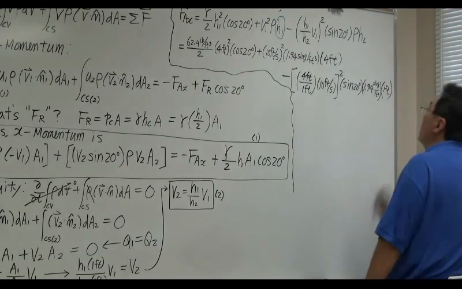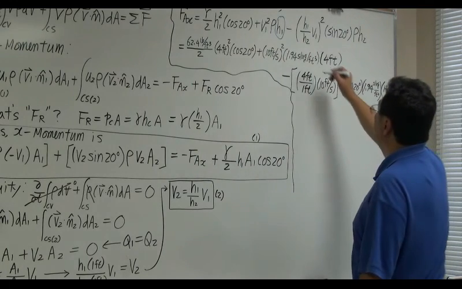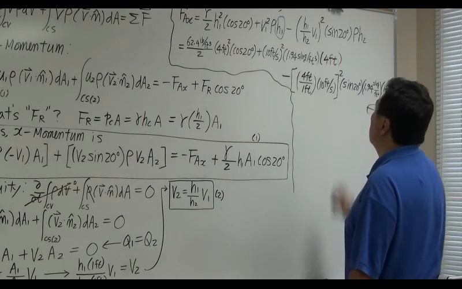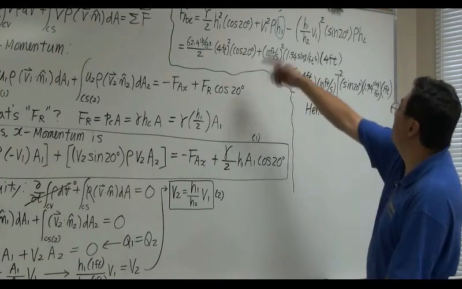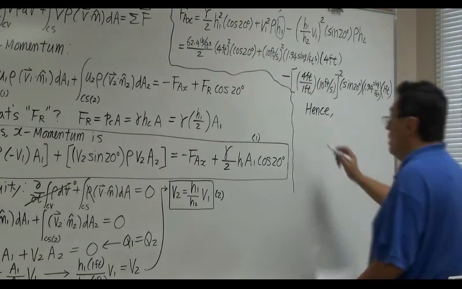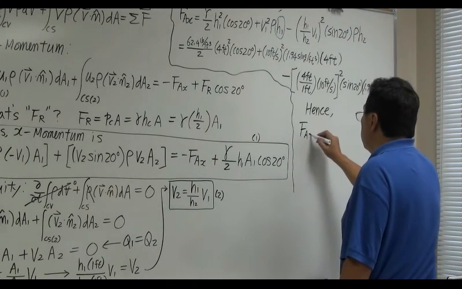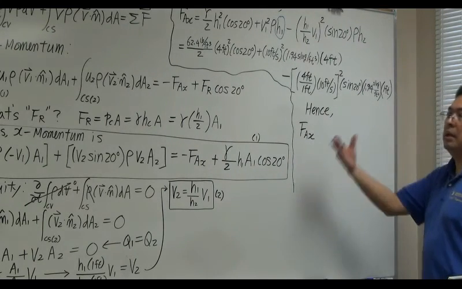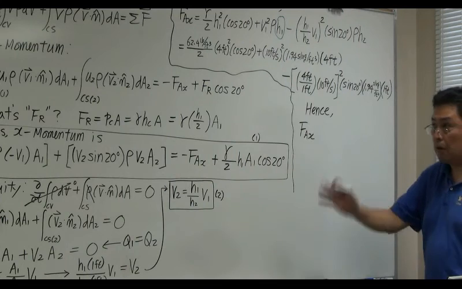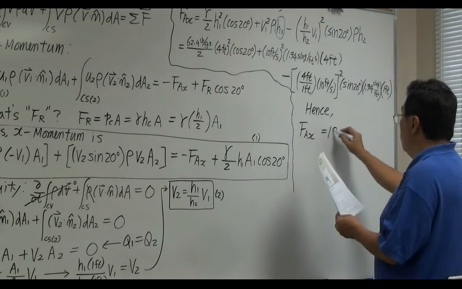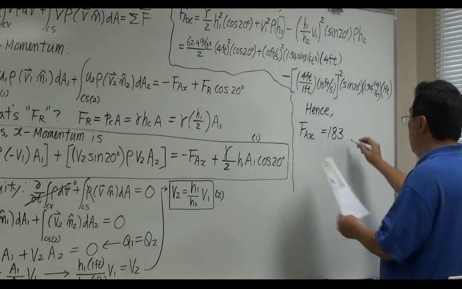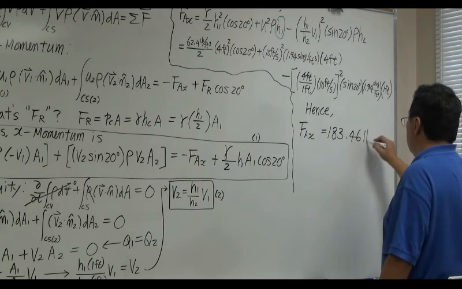Okay, so that's a better picture here. Hence, if you plug in all of those values and compute, you're going to get FAX. This is the X component of the anchoring force required: 183.46 pounds.